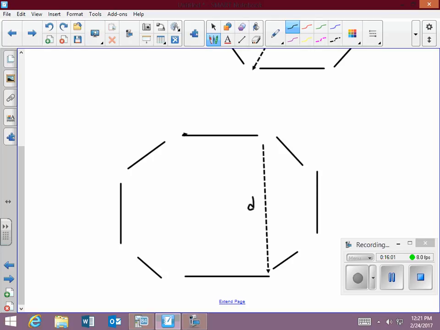So what is that distance on that 8-sided figure? Well, this is going to be a parallelogram. It's a trapezoid. And this side's going to equal this side, and it's going to equal that side too.